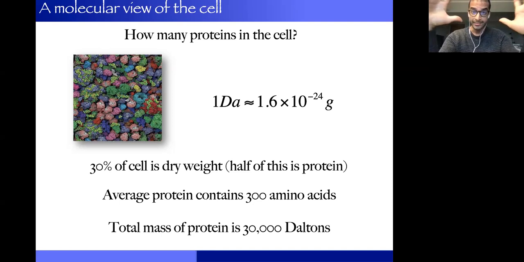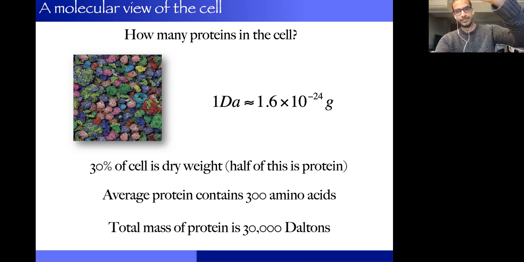The cell is 1 picogram, and 70% of it is water. The rest, 30%, is non-water, so it's dry weight. Out of that 30%, half of that is protein.